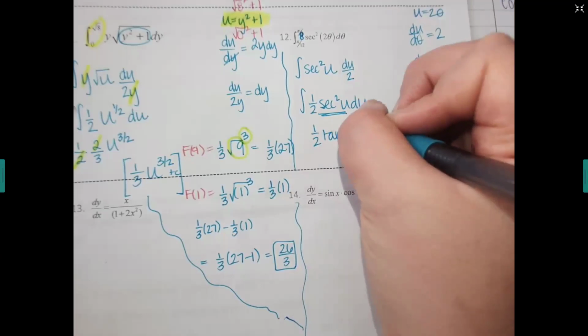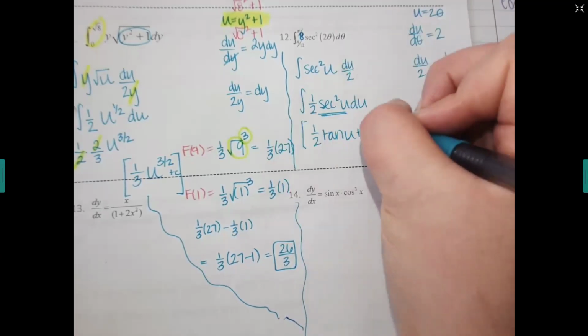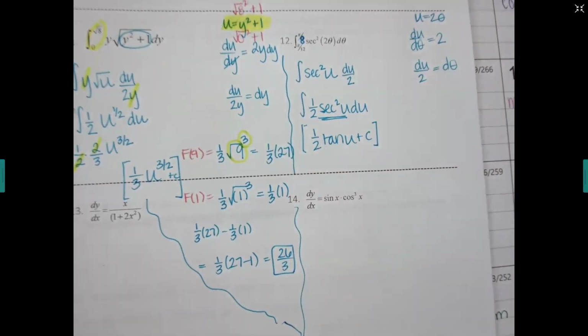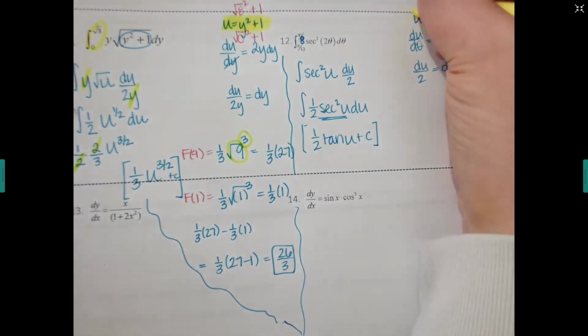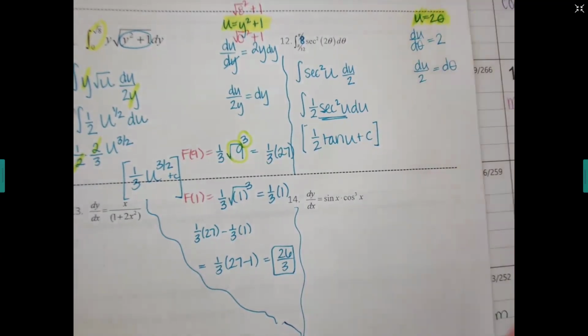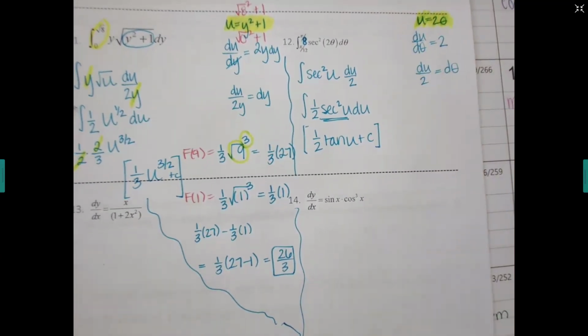Don't forget your little brackets around it because we have endpoints. But then remember, unless you want to turn this back into a 2 theta, you can't use your original endpoints. You're going to have to plug them in, switch them over to u endpoints. So my u in this case is 2 theta. Let's plug in the top endpoint, which we modified to be pi over 8.